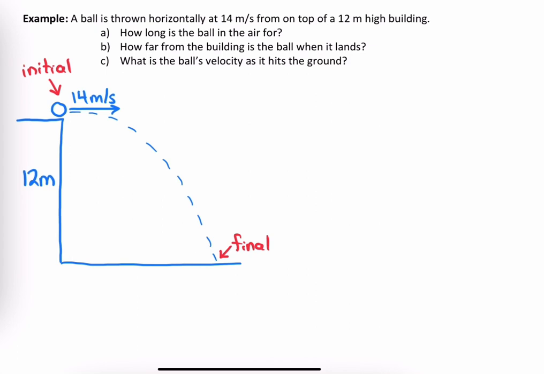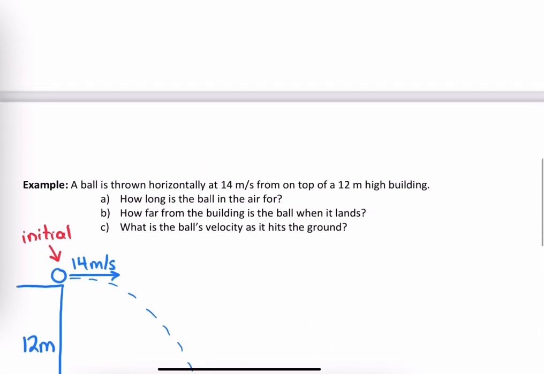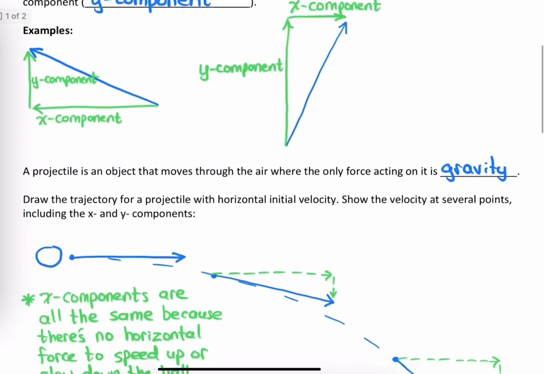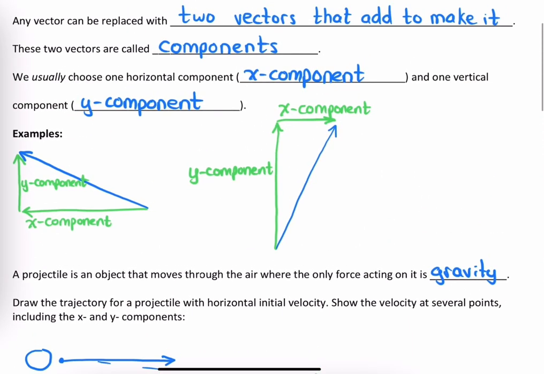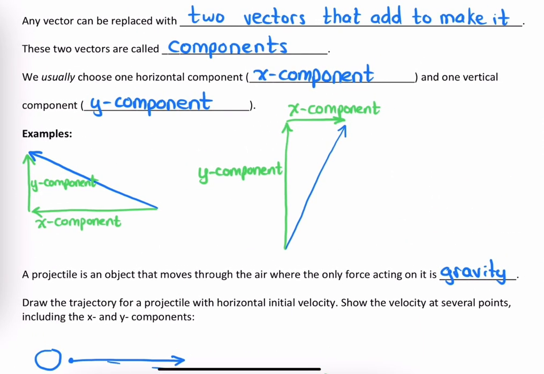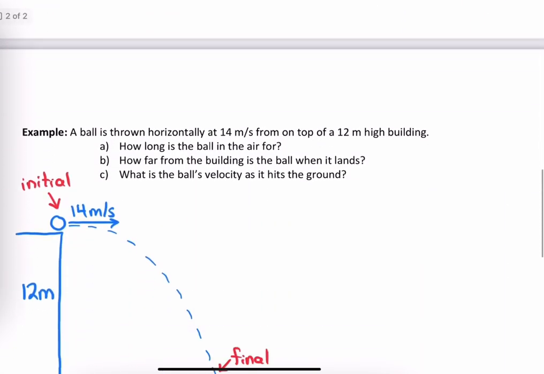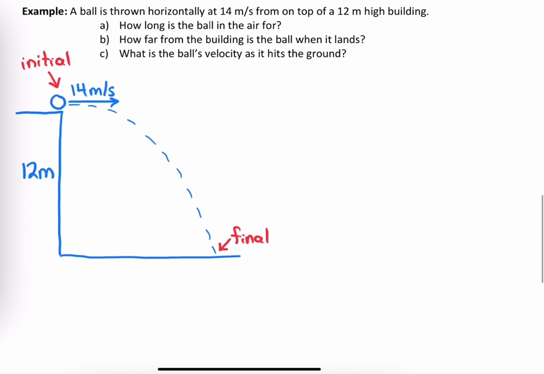And as we looked at on the previous page, when I have vectors that are moving both up, down, and left, right, a great tactic is to look at the x and y parts of those vectors separately. So let's do that here with our problem. Let's look at the x and y parts of this problem separately.